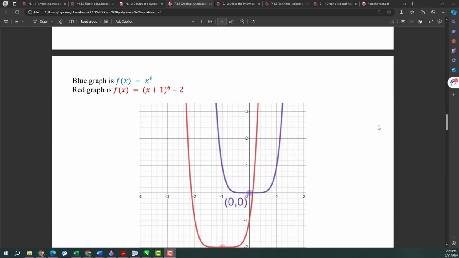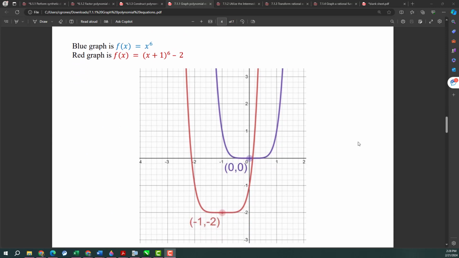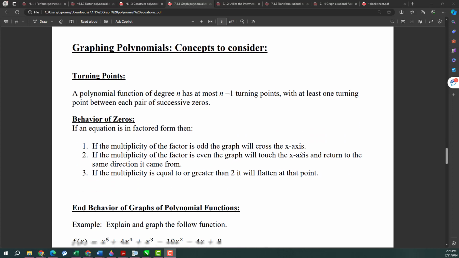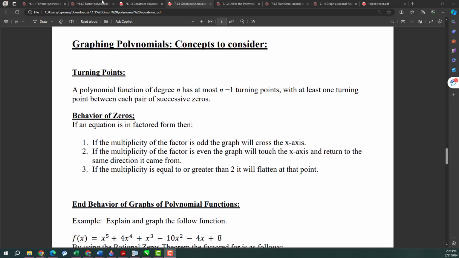So there will be homework questions on this that are on the test, and we will look at it at the end. These are just some more examples that you can look at. And then it says just concepts to consider at the very end.